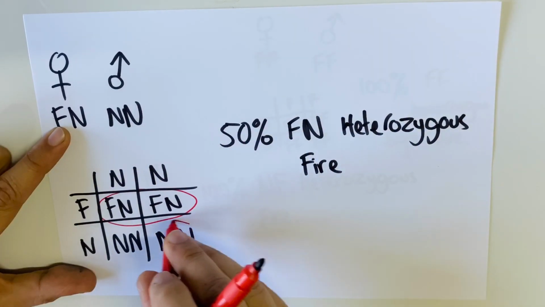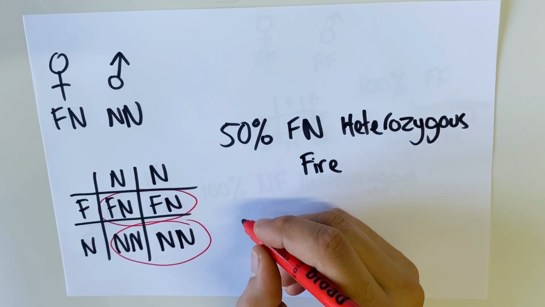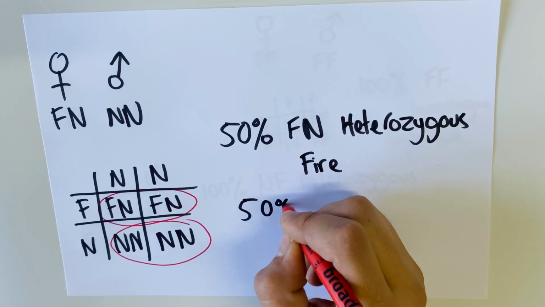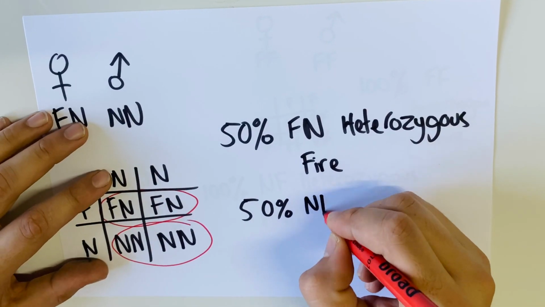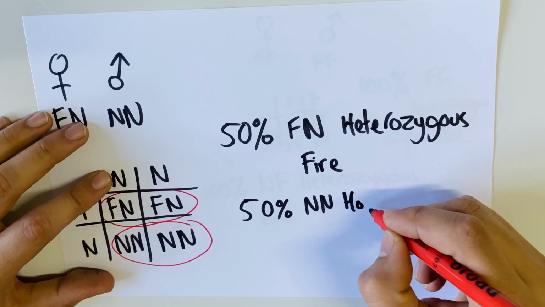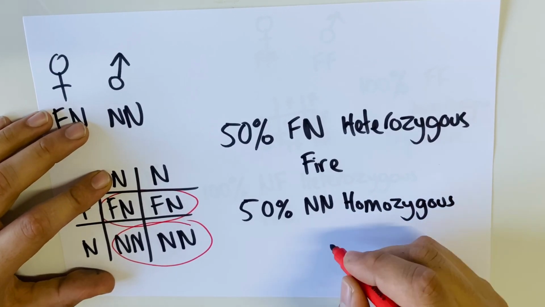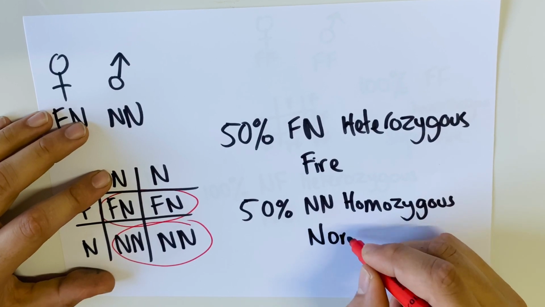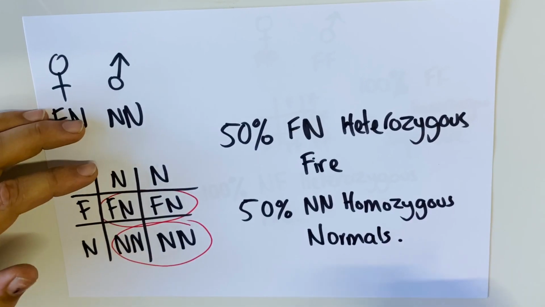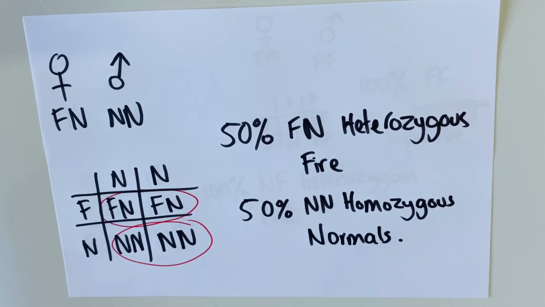And the other 50% would be NN, homozygous, which are normals. Now, this is an easy way of looking at it when we're talking about a singular gene.